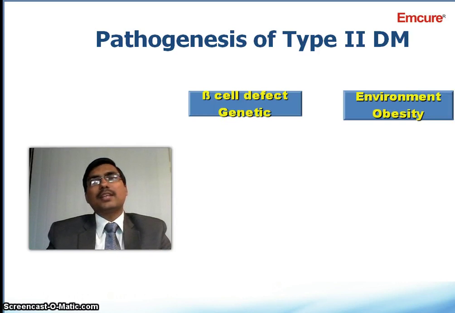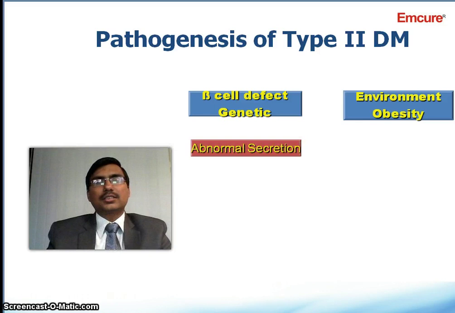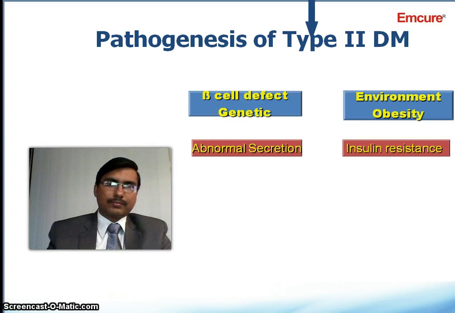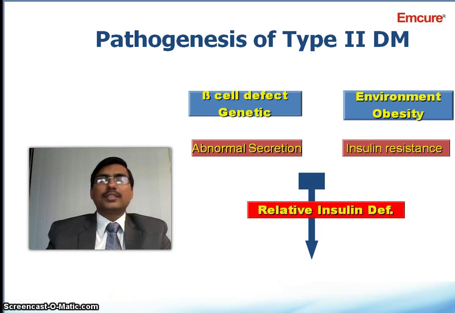The second reason could be either environment or obesity. Both these things can lead to either abnormal secretion of insulin or insulin resistance, and this leads to relative insulin deficiency. And because of the relative insulin deficiency, what happens?